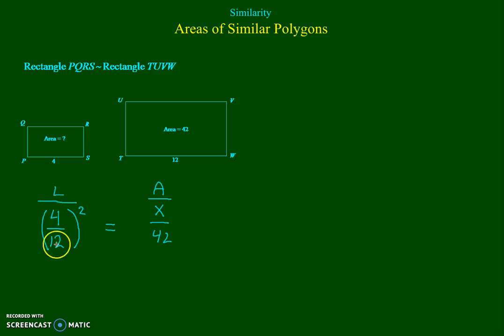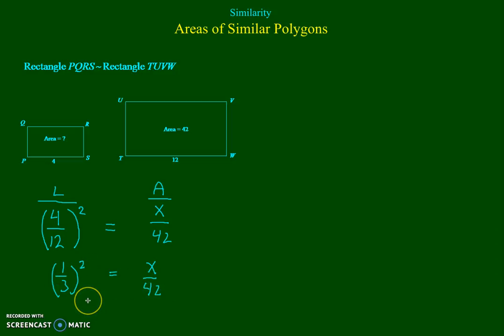Now it's not necessary to simplify. You can if you want. This simplifies to 1/3. Don't forget to square if you do. One of the reasons I sometimes avoid doing that is to avoid the mistake of not carrying down the squared term here. But we remembered this time, so we're okay.